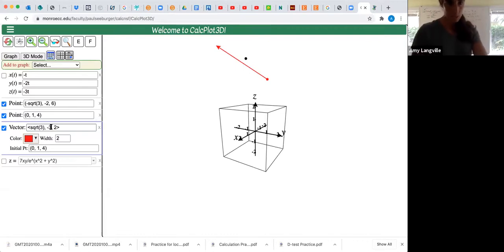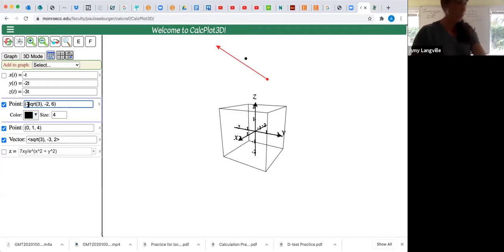And with this initial point, 0, 1, 4, you can change the initial point, like you can start it at the origin, or you can move it to our initial point, 0, 1, 4. Let me make sure I've got the point right. Oh, the second point I've got a sign off. So that's square root of 3, minus 2, 6. Okay, there we go. So there is our initial point, terminal point, and the vector between them.